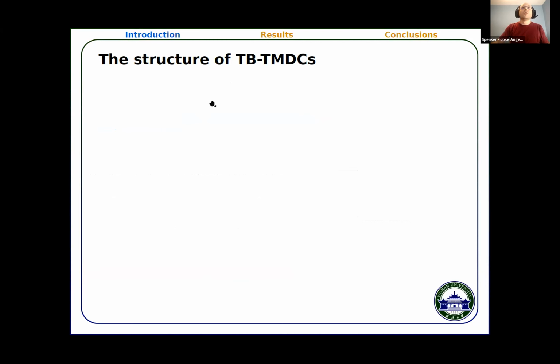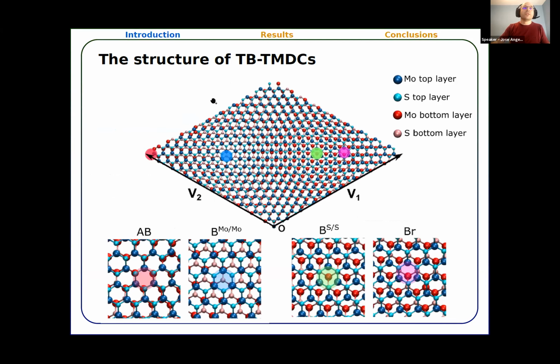As you may already know, the transition metal is sandwiched between two chalcogen atoms, forming a hexagonal structure just like graphene. But in this case, in the A and B sublattices we have two kinds of different atoms. This brings us to two kinds of Moire cells, which can be made just by twisting the two layers starting from an AB natural stacking, which is the typical one that we see in nature, or an AA stacking.